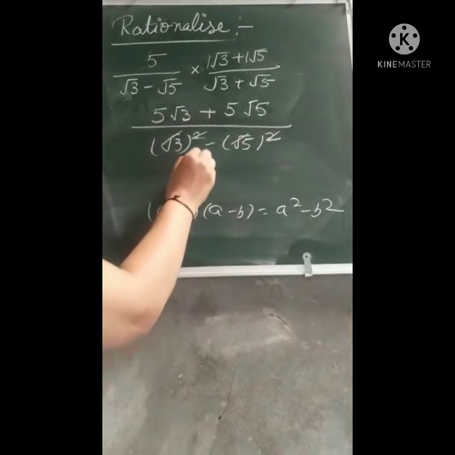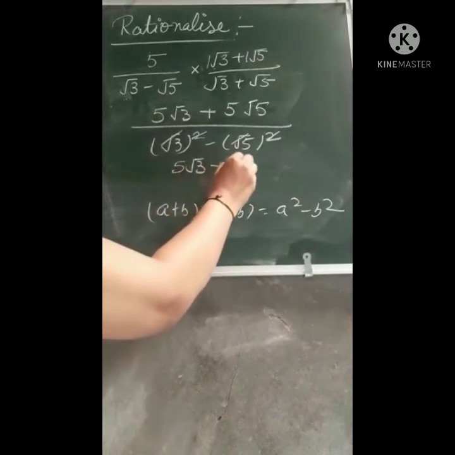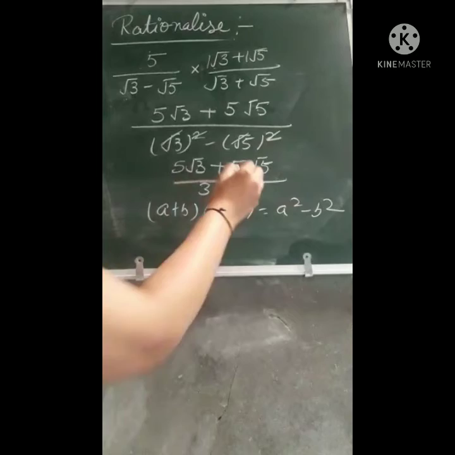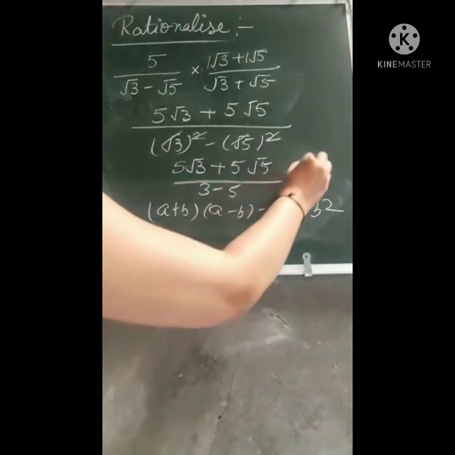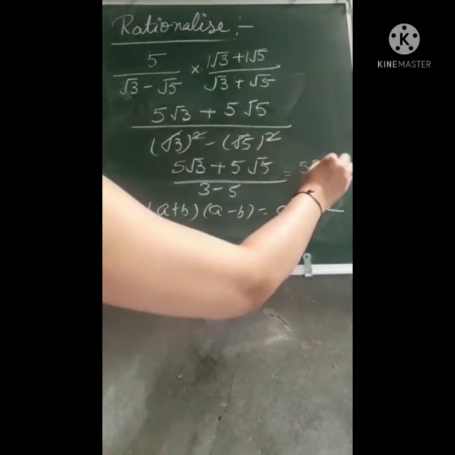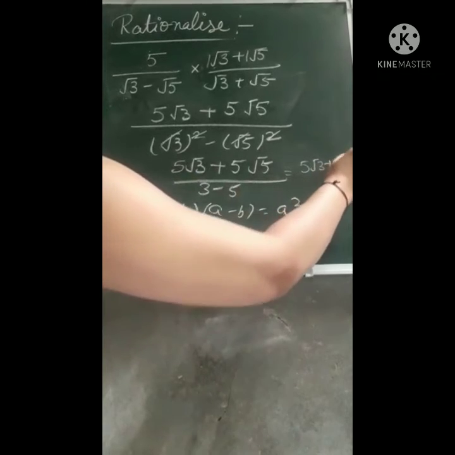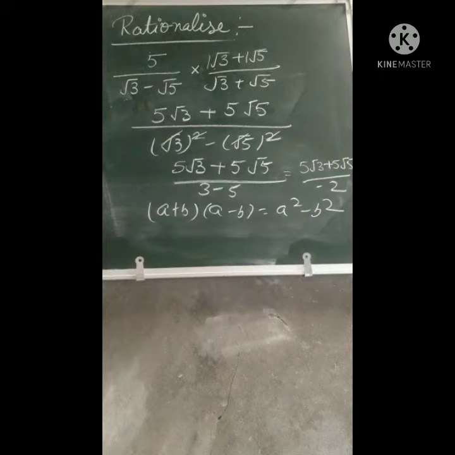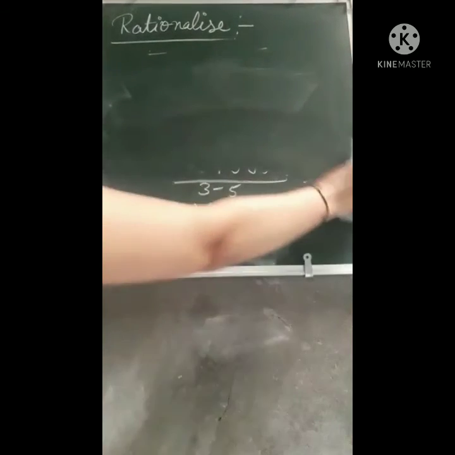So 5 under root 3 plus 5 under root 5 over 3 minus 5. So it's going to be 5 root 3 plus 5 root 5 over minus 2. Minus you can shift upside as you want. Clear? Chalo.